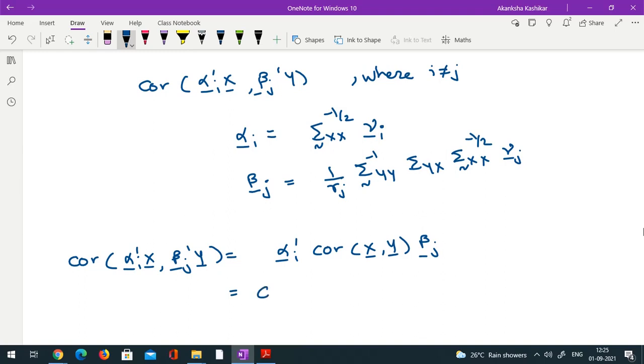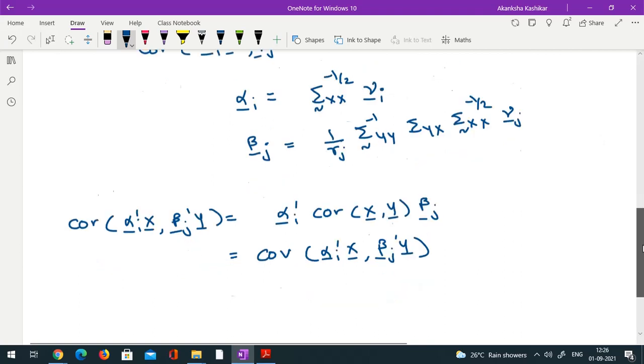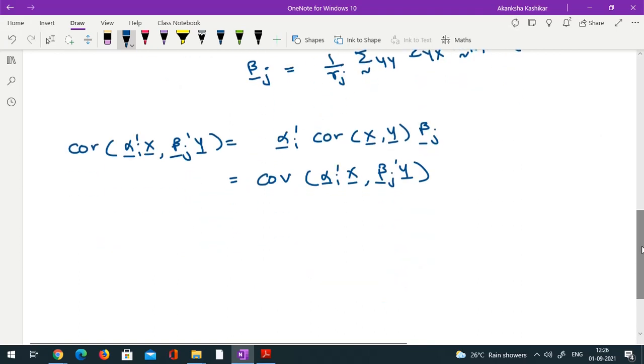Can I say this correlation is actually same as covariance between alpha I prime x and beta j prime y? Yes, ma'am. Because we know that all these canonical variates are standardized. That was our first constraint in the derivation, right? So it will be alpha I prime covariance between xy beta j prime, correct? So I'll follow this path.